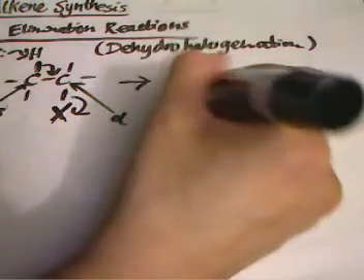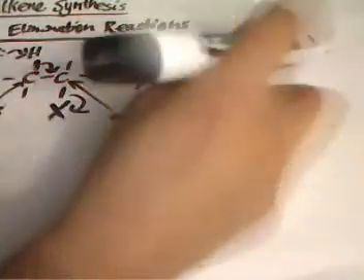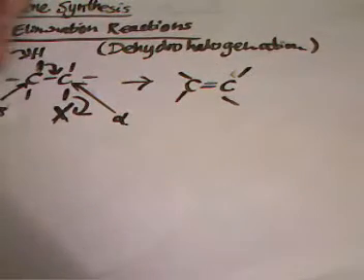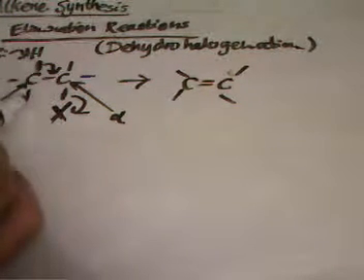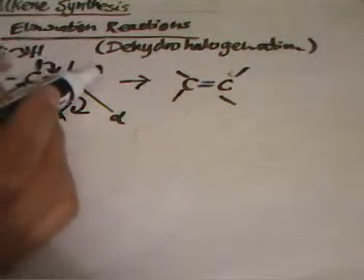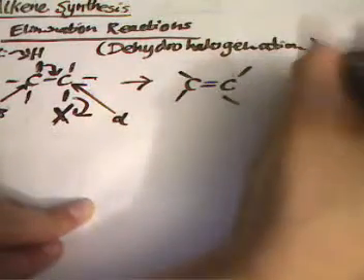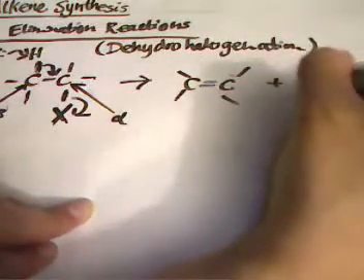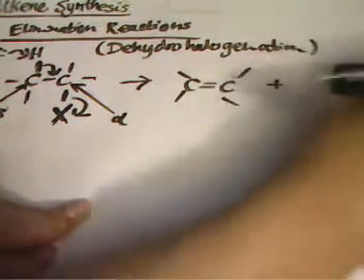As a result, we have a pi bond between the two carbons, which has been created by the CH bond density. Whatever else was attached to these carbons, which I've left out for simplicity to avoid crowding, remains attached as it is. And we have an alkene, we've created a pi bond, and the elements H and X have been removed.